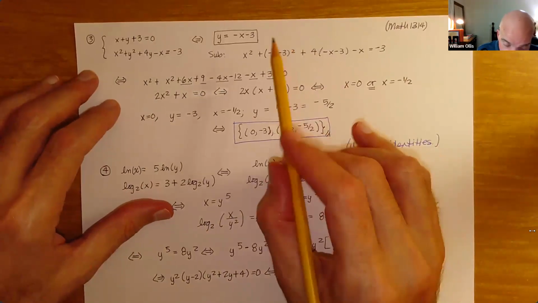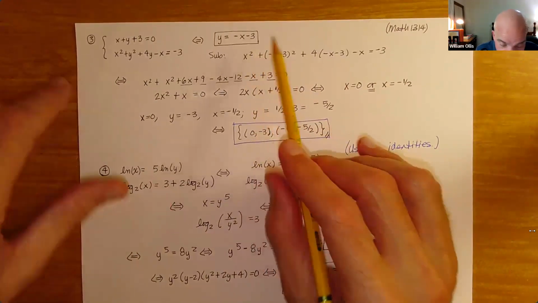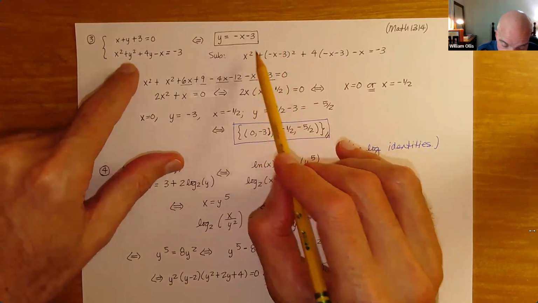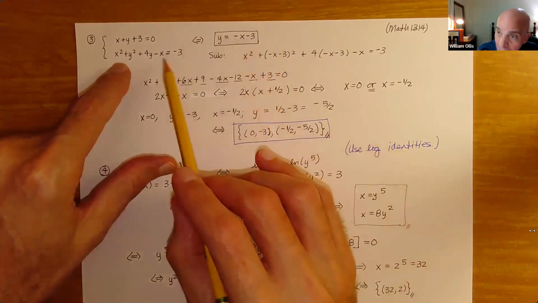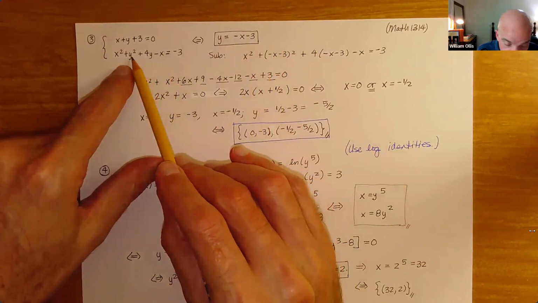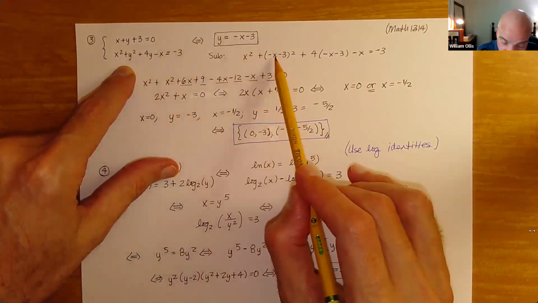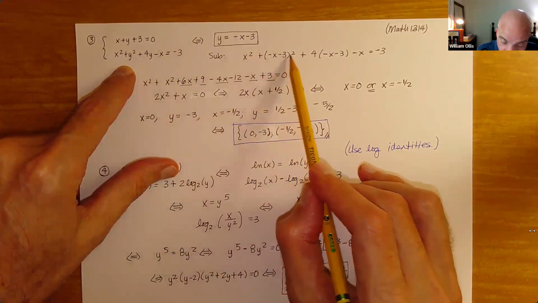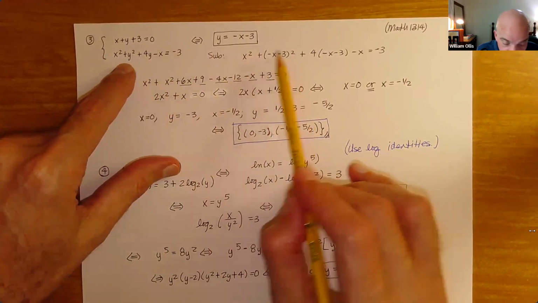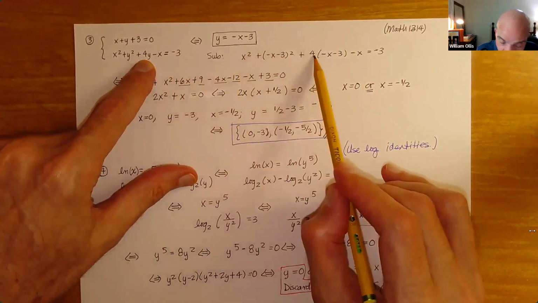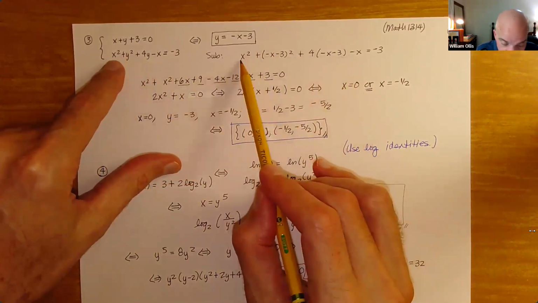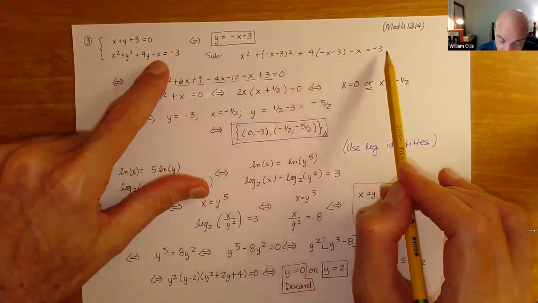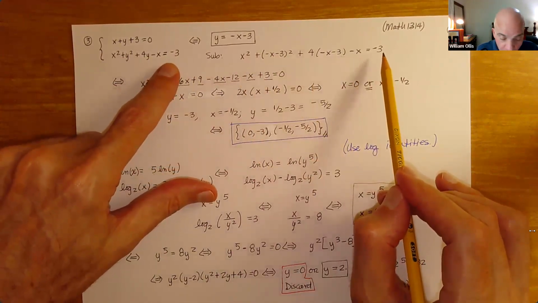Now, when we look at this particular substitution, notice here we have y equals -x minus 3, and we can simply substitute that for the y term here. So we have -x minus 3 quantity squared, and then we have the 4y term, so we have 4 times -x minus 3, and then of course we have the x squared term, the minus x, and the -3 from the problem.